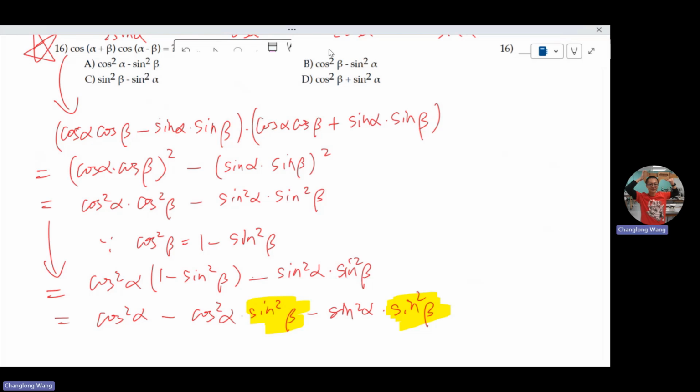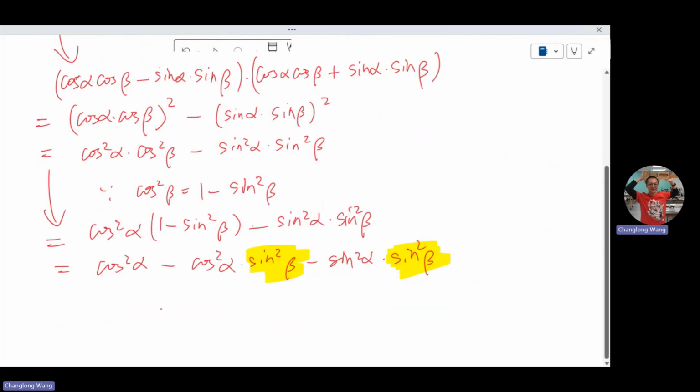One of the tips in verifying identities. When things have a common factor, give it a try. Maybe you factor it out and that does the magic, right? But here, you can do even better than just factoring out the sine square beta: factor out the negative sine square beta. See what happens.